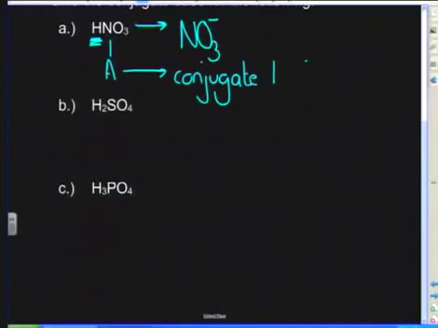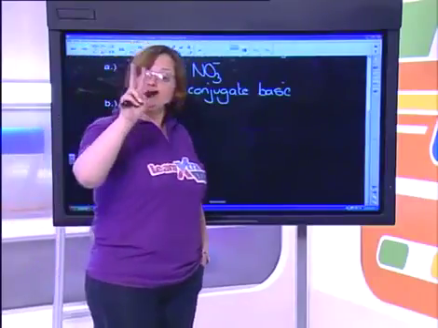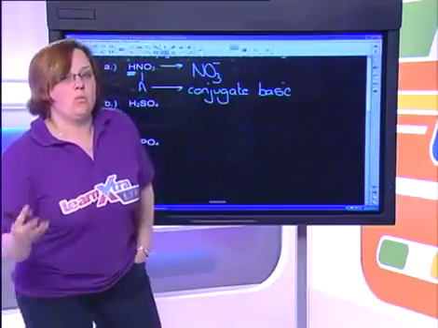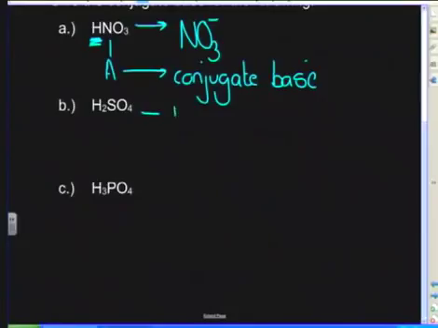So look at the next one, H2SO4. H2SO4 is quite special because it has the ability to give away 2 protons. If it only gives away 1, which is very unusual but can happen, we end up with HSO4 minus. Why only minus 1 and not minus 2?